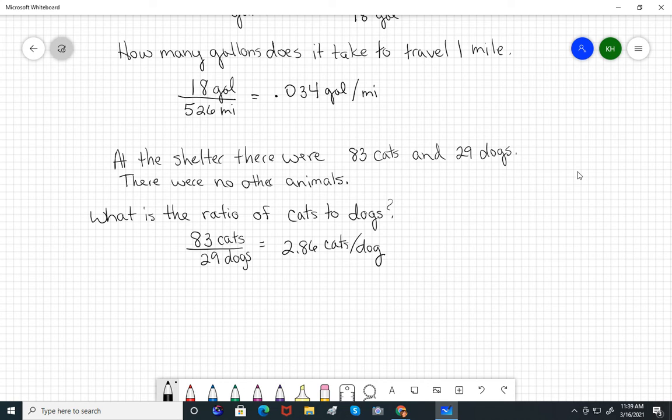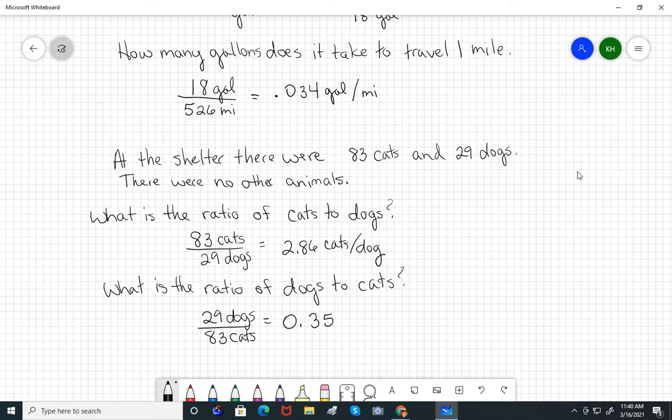What's the ratio of dogs to cats? That's going to be the reciprocal. 29 dogs, 83 cats. 29 divided by 83 is about 0.35 dogs per cat.